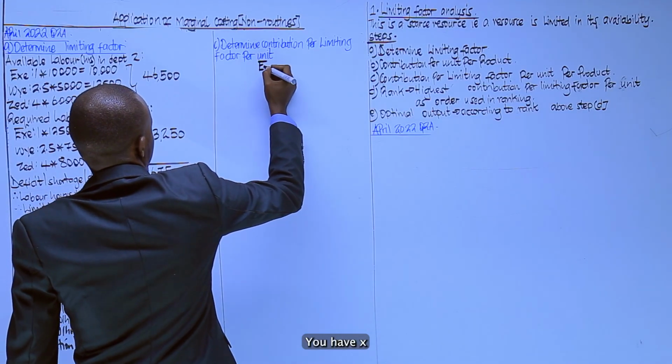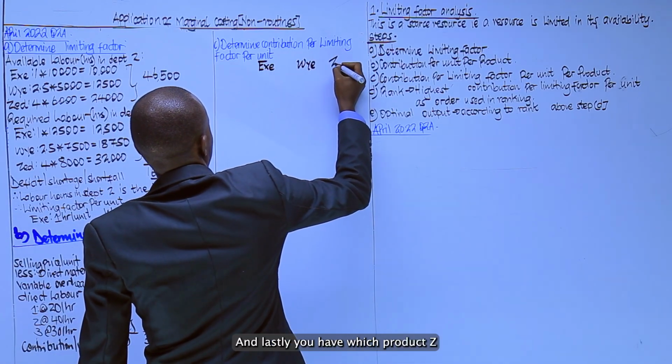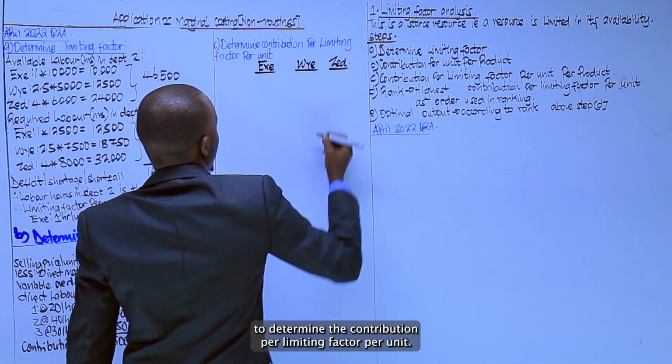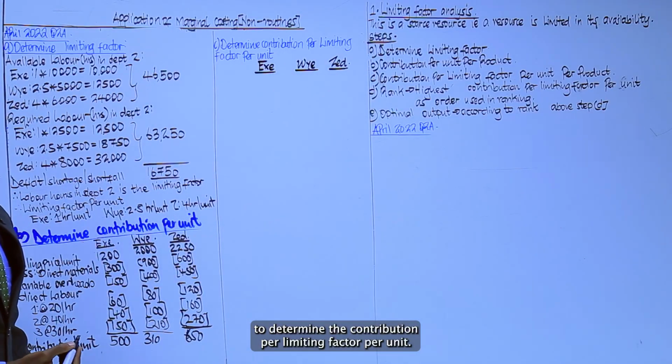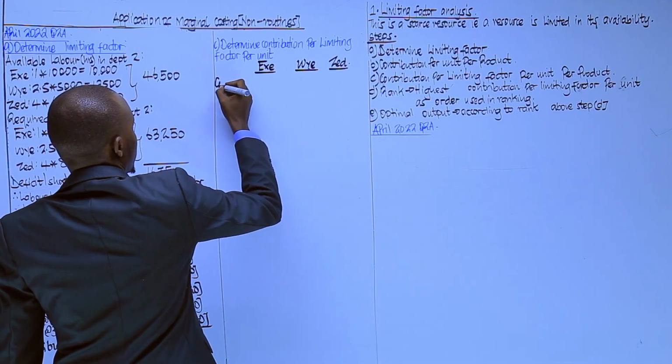You have X, you have Y, and lastly you have which product? Z.